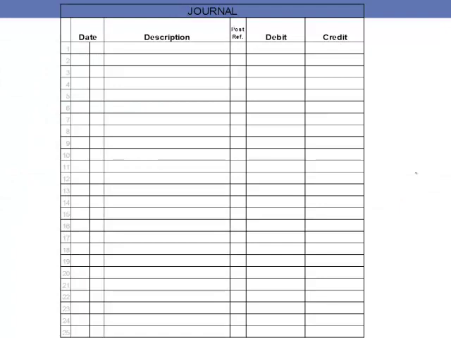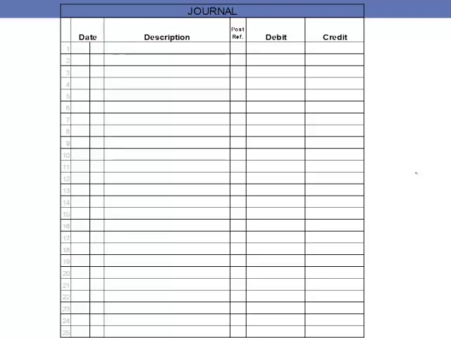Okay, this is a journal template. Sometimes you may have seen a journal before that a lot of times are green pages with lots of lines on them. So you may have seen someone using those before, especially if they do manual accounting.